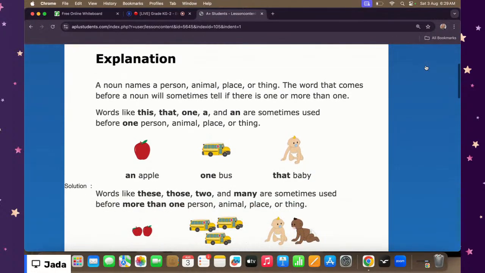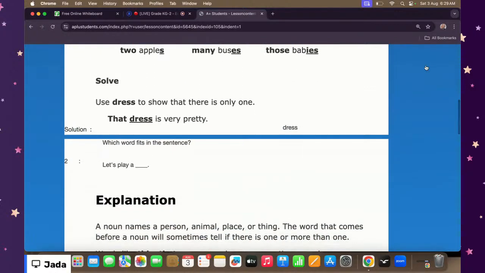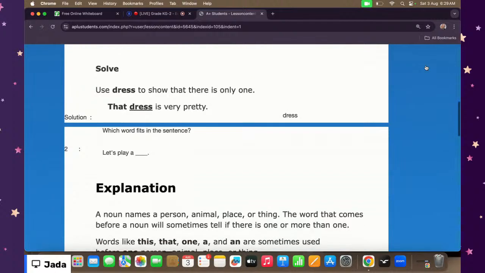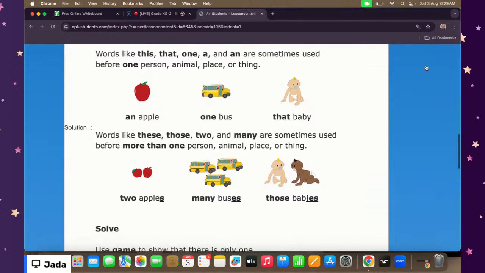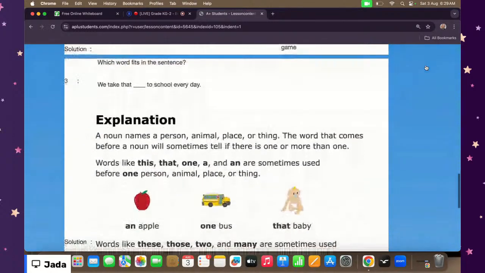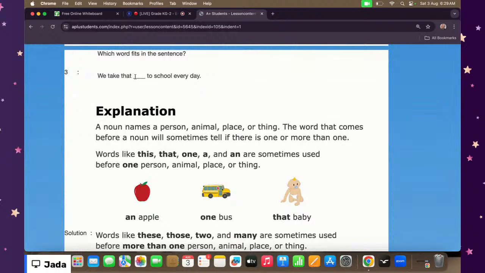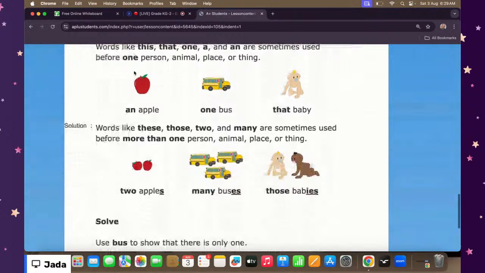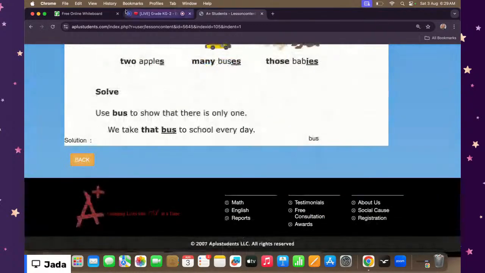That, okay? So that dress is very pretty. If we see that, we know that it's talking about one. Then we also have, we take that dash to school every day. That, again, it's talking about one. We take that bus to school every day. Okay.